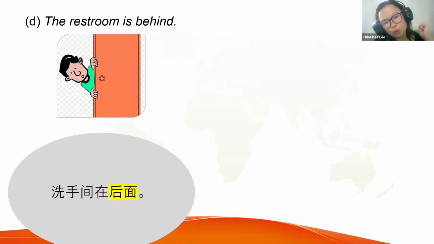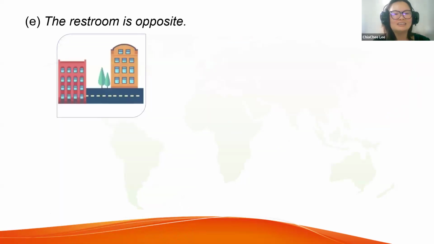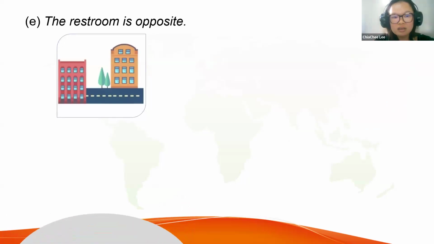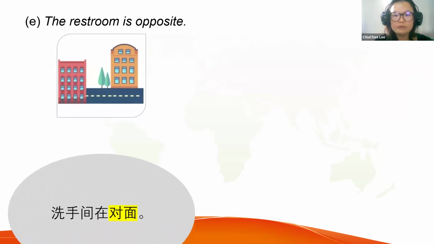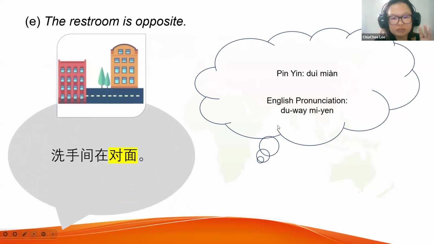洗手间在后面. Last pair already. The restroom is opposite, maybe opposite a river, opposite a road, we don't know. 洗手间在对面. Over the mountain, over the sea, there is a restroom.